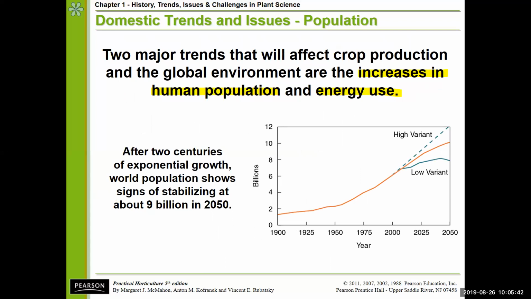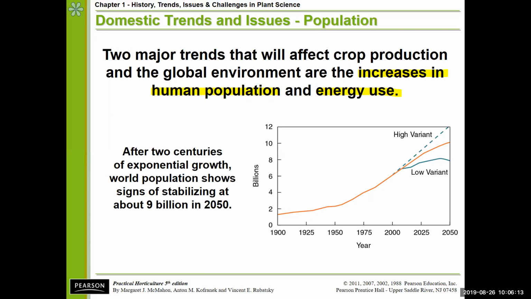So two of the biggest issues in the global environment are the same as they are in the U.S., and that's the increase in human population and thus also the energy use. We're having exponential growth of population, although population scientists suggest it is supposed to stabilize around 2050 at about 9 billion people, compared to about 6 or 6.5 billion people that we have today.